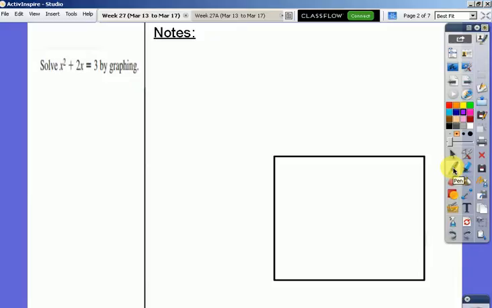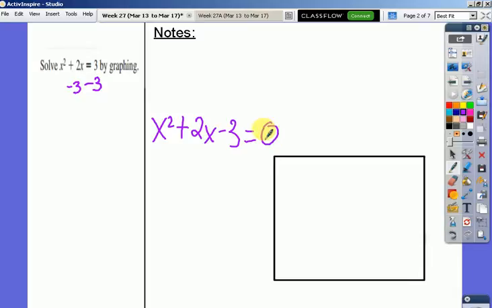I'm going to subtract 3 on either side. And then when I have everything on one side, I end up with, of course, x squared plus 2x minus 3 equals 0, and I factor that. How do I factor that? You don't have to do the box method or bottoms up with the whole AC thing.